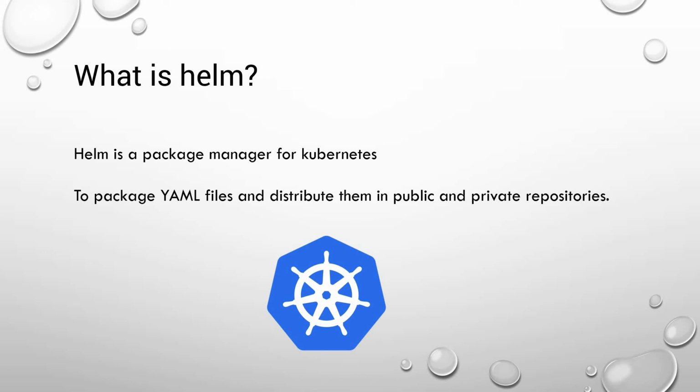So it's not easy to maintain all the YAML files. If you are working on a multi-container application, Helm overcomes this issue. It packages the bundle of the YAML files using the Helm chart.